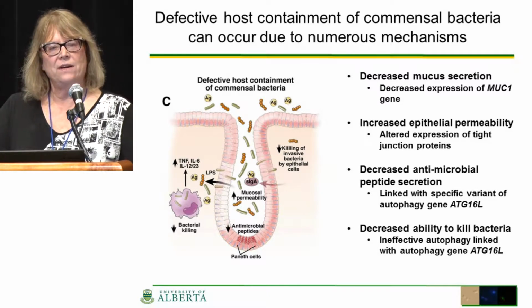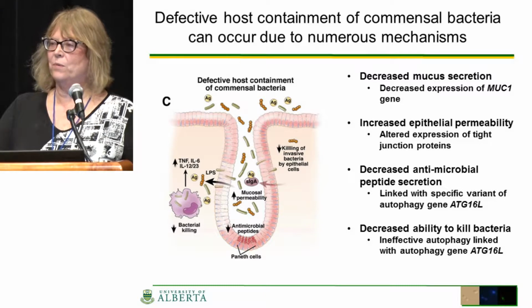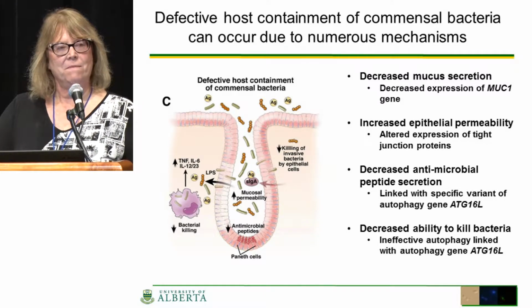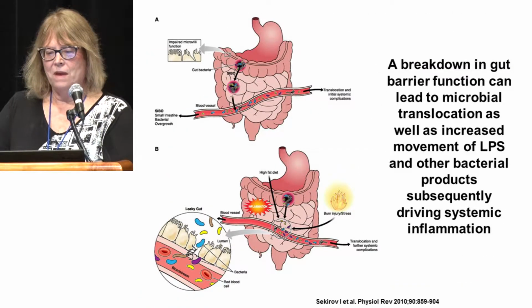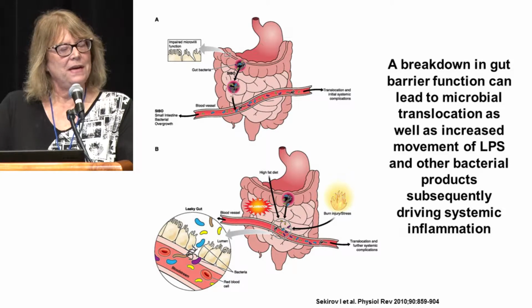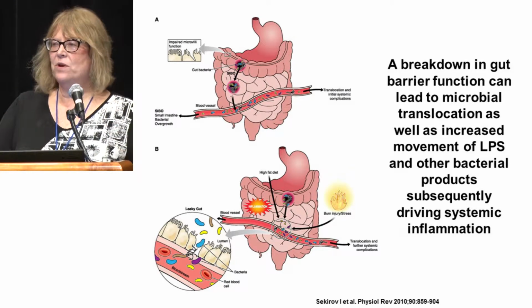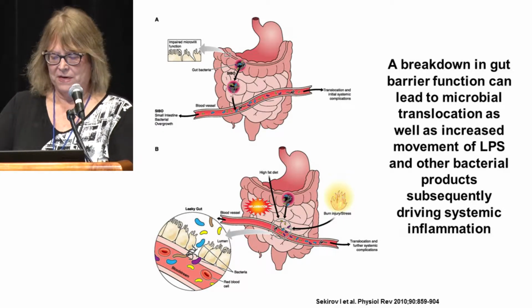Or if the host cannot kill bacteria, because there's always going to be a few bacteria coming in, but they get killed and dealt with by macrophages. If you have a problem with macrophages and you can't kill them, then they're going to keep coming across. And when you have LPS coming across the permeable gut, it will go systemically, and you will drive subsequent systemic inflammation.